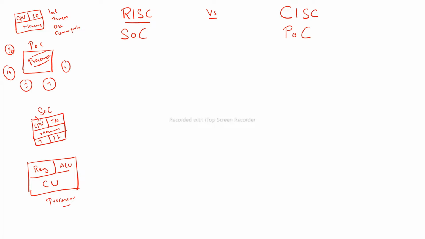If I want to make the control unit very simple, then I need a very simple instruction set. Therefore, in the reduced instruction set computer, since I need to simplify the complexity of the processor, I do it by simplifying the decoder, and to simplify the decoder, we have to simplify the instruction set.